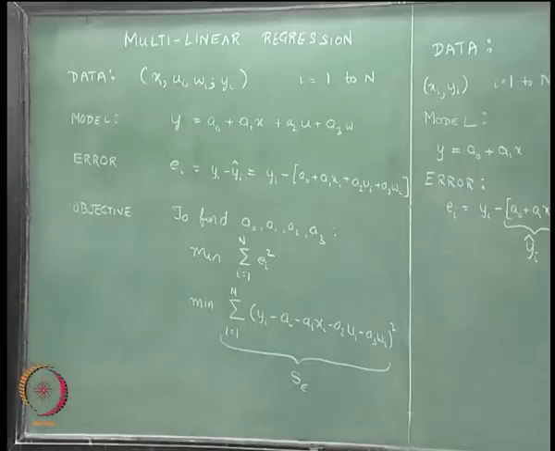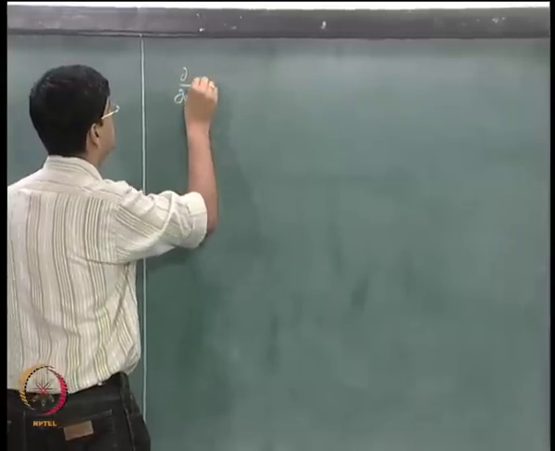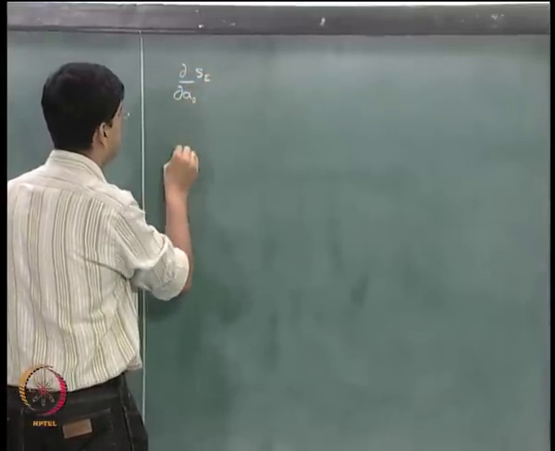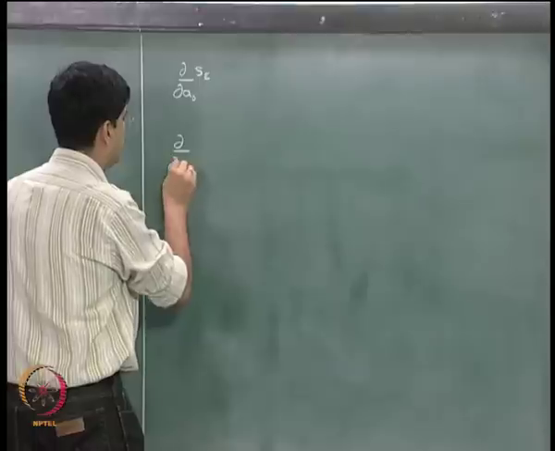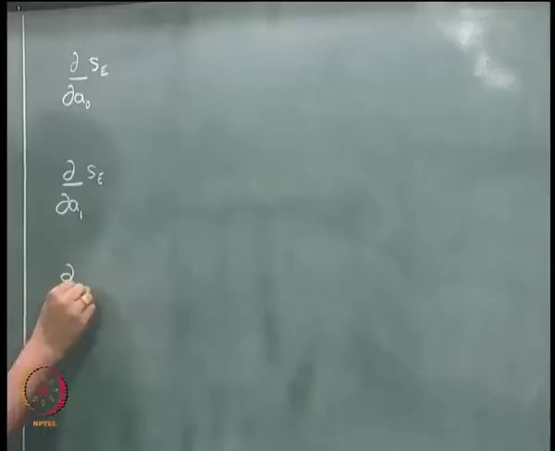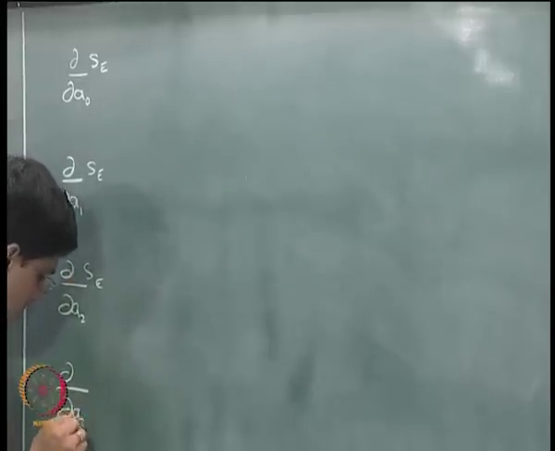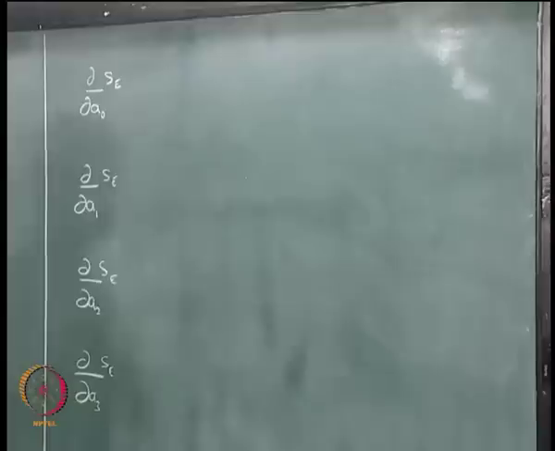So what we will have to do is dou by dou A0 of SE, dou by dou A1 of SE, and dou by dou A3 of SE.